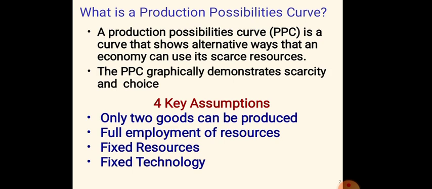Later on, in this chapter we will discuss what happens to a PPC if the constancy assumption of technology and resources is removed. But for now, we assume resources and technology as fixed or constant.